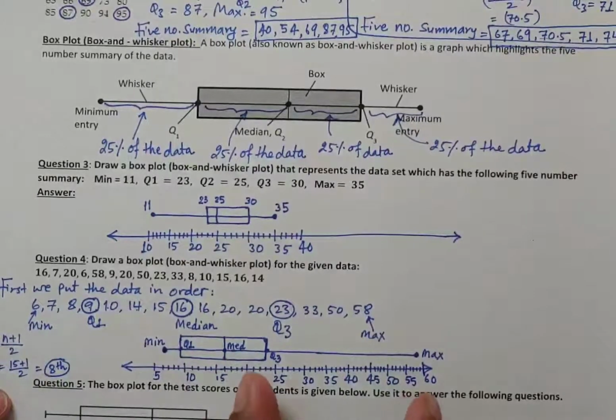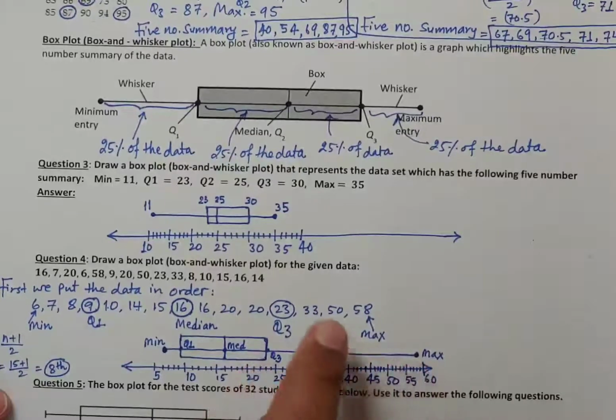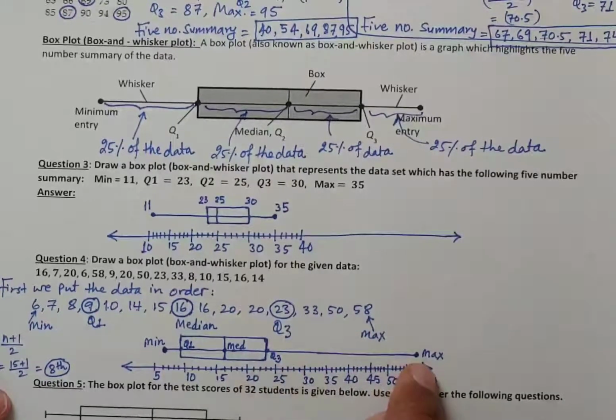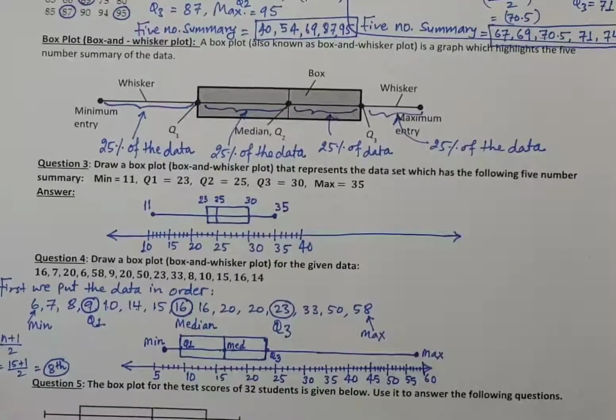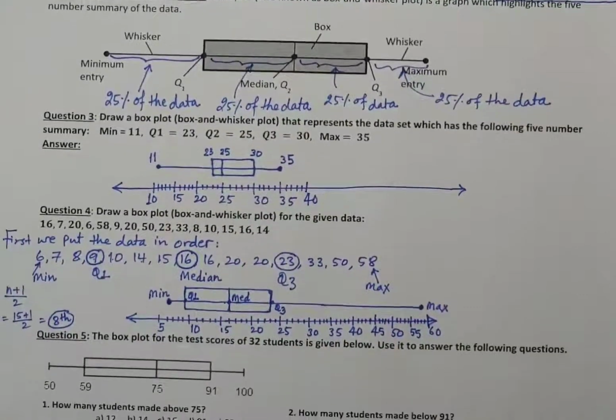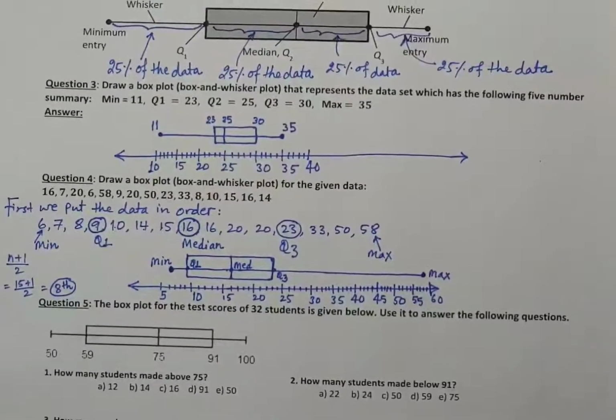This looks like a much bigger space, but we have just 3 numbers in between Q3 and the maximum number. So this line length doesn't matter. There is 25% of the data in between each of these numbers. Okay, that's how we draw the box plot.